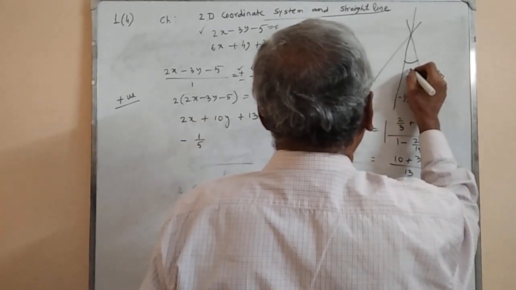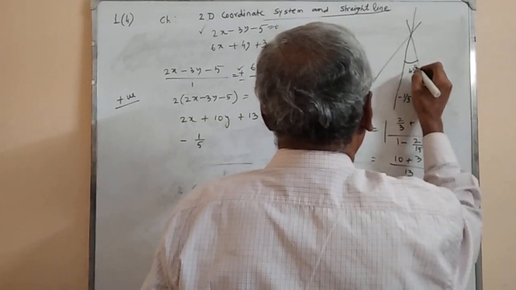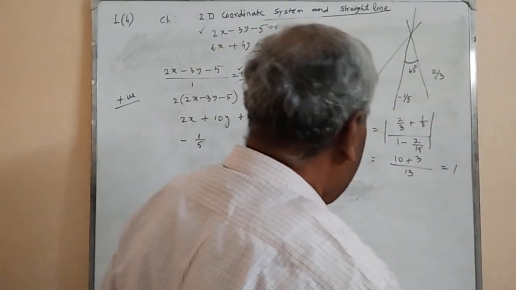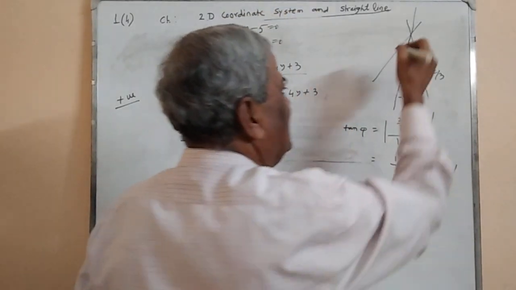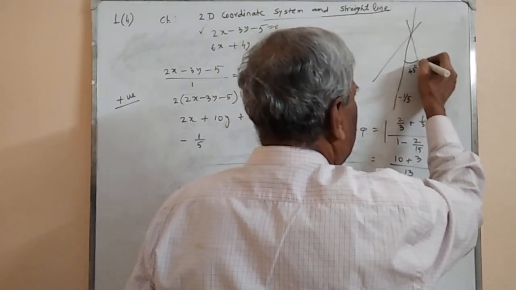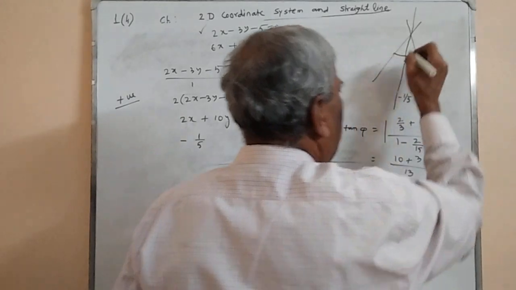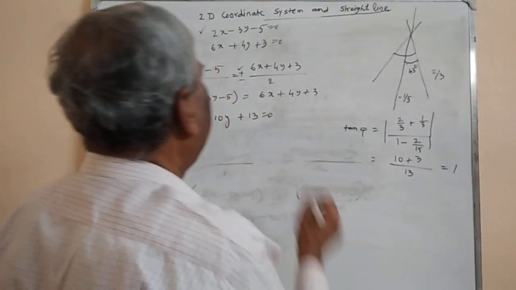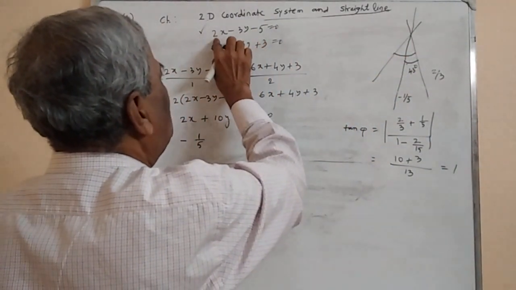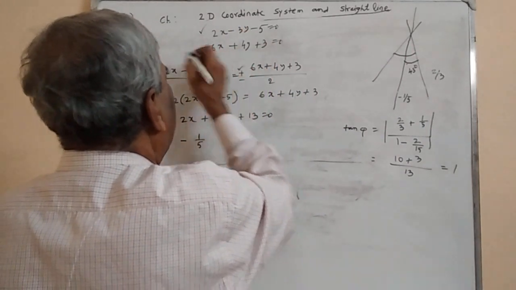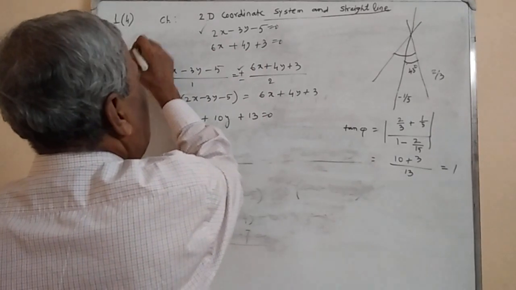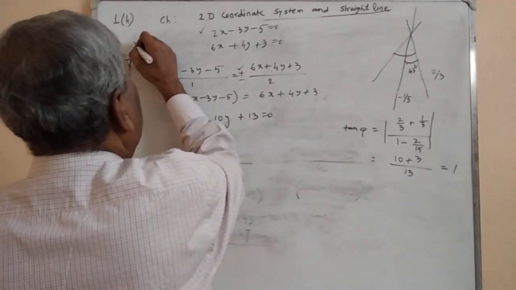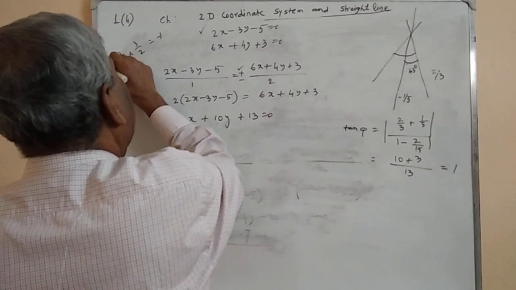This angle is 45 degrees. So this is neither the acute angle nor the obtuse angle. If it is 45 degrees, the whole thing will be 90 degrees. In fact, the gradient of one line is 2 by 3 and of the other is minus 3 by 2, so the product is minus 1.